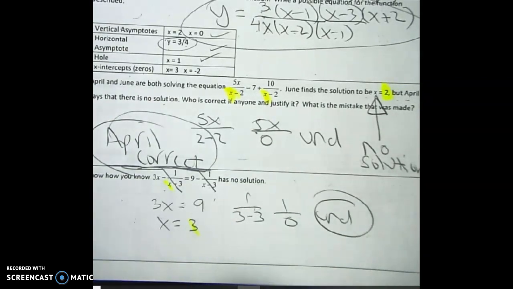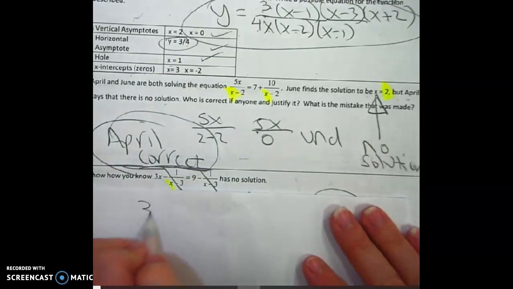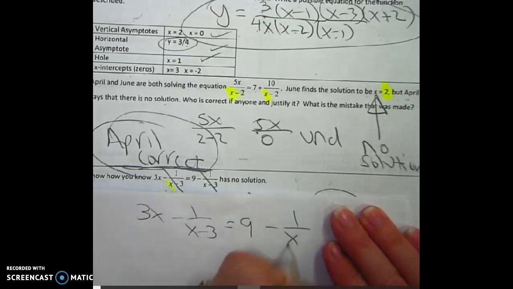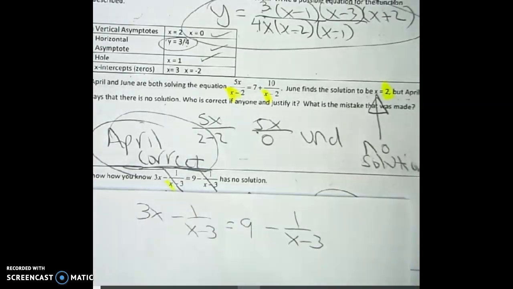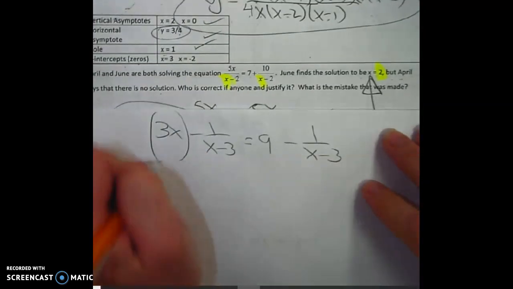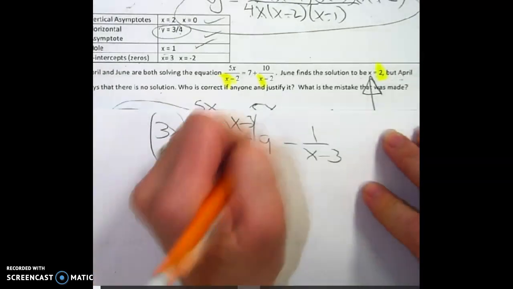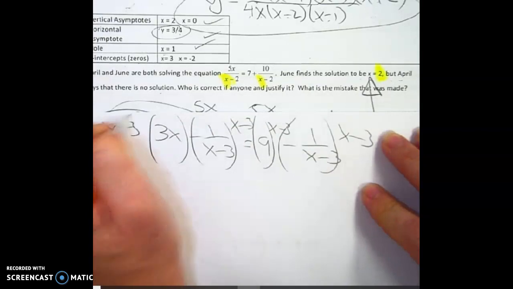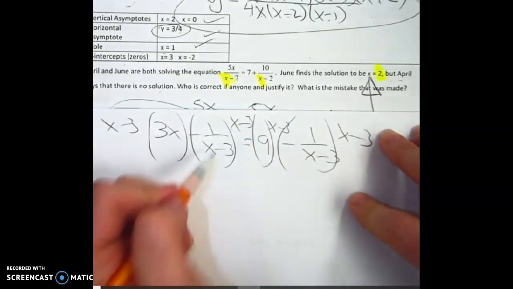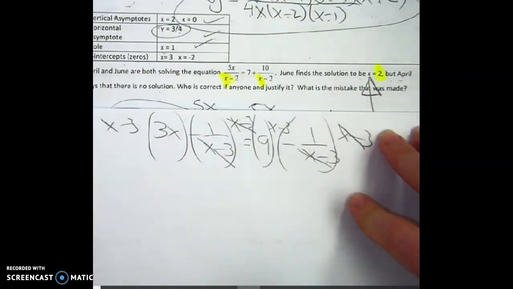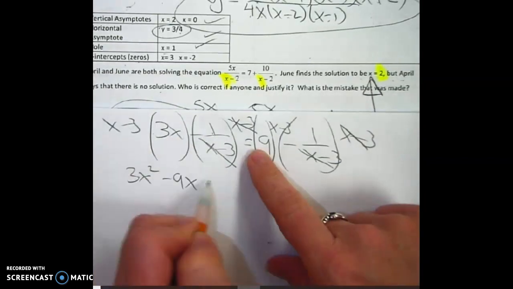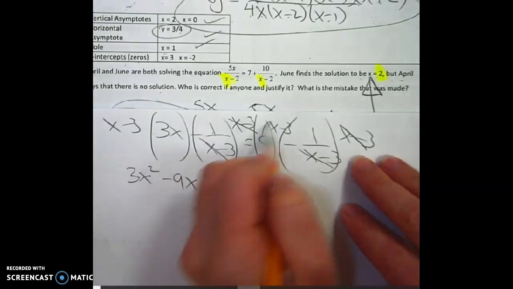Now, let me do the problem again to show you if I did not know that. I would multiply everything by x minus 3, okay, to get rid of the denominator. Then distribute, distribute. Minus 1 equals, distribute, distribute.